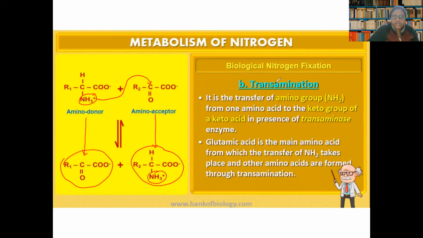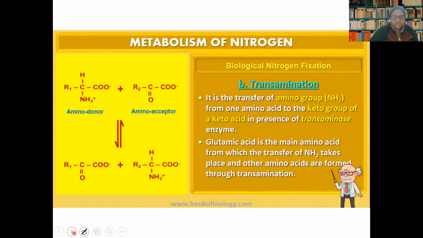Why do we call it transamination? Because here this ammonium, that NH3 plus group, is transferred here. That's why it is called transamination.